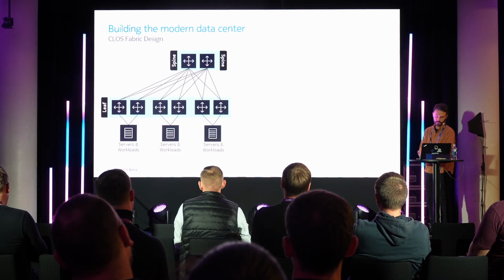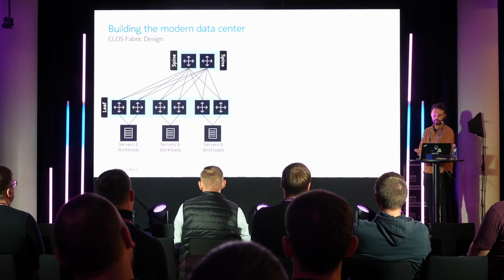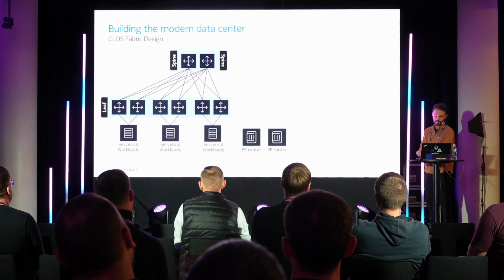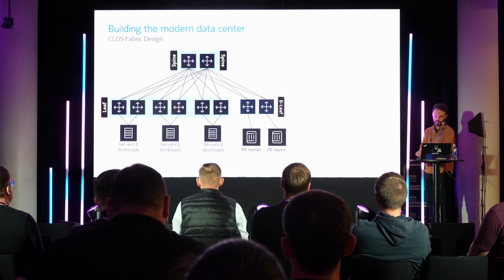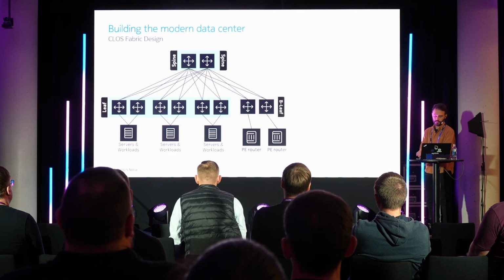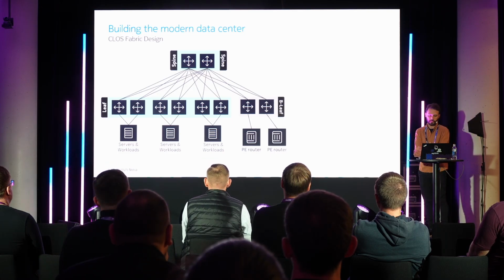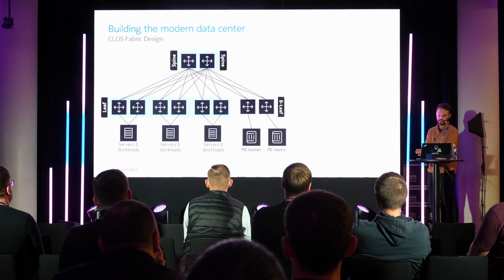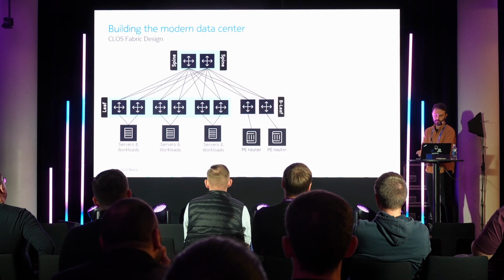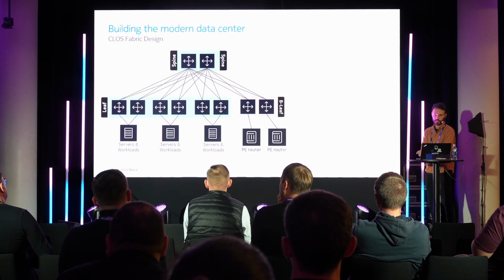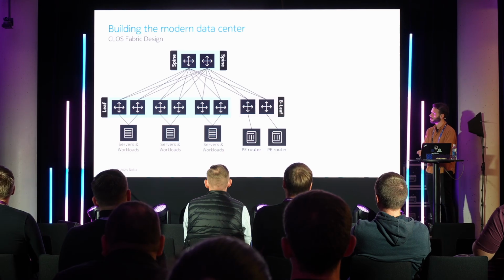This is our data center, but we would probably like to connect it to the internet or another data center. Typically, we attach them to PE routers, and in between a PE router and a spine, we have border leaves. Border leaves are not any different from a leaf switch. They're just internet-facing, which is why they're called border leaves. This is a cloud design that we typically see in modern data centers.